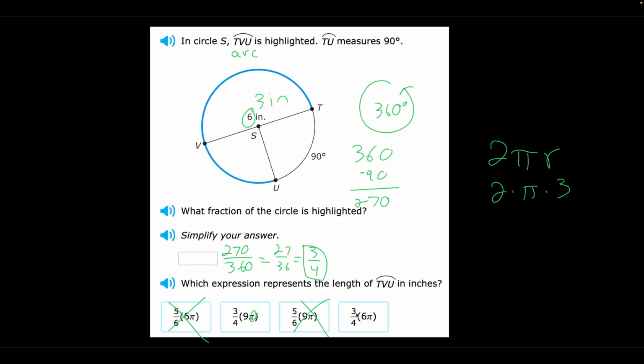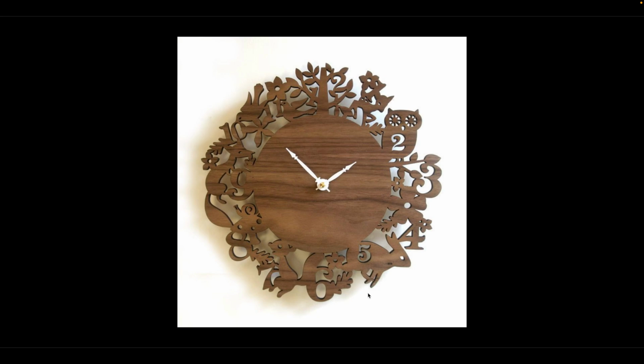Notice pi is in your answer, so let's just multiply the regular numbers. 2 times 3 is 6 pi. So we want 3/4 of the circumference, which is 6 pi. So here's our answer.